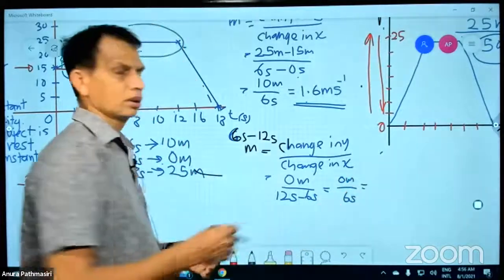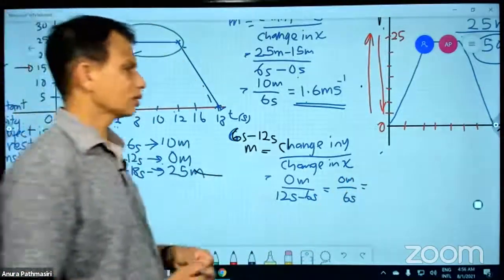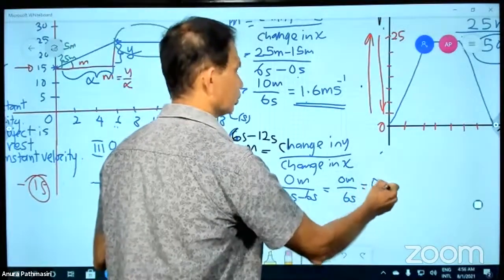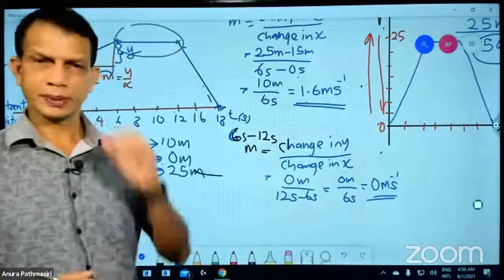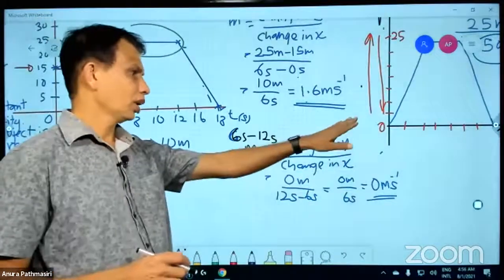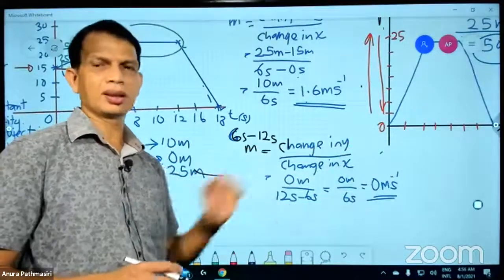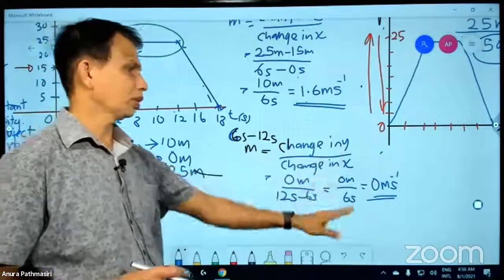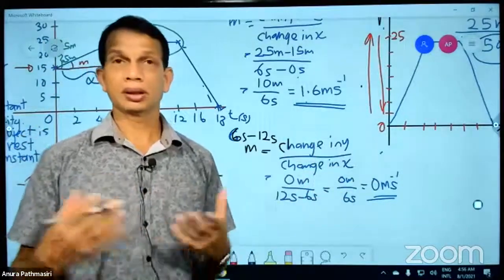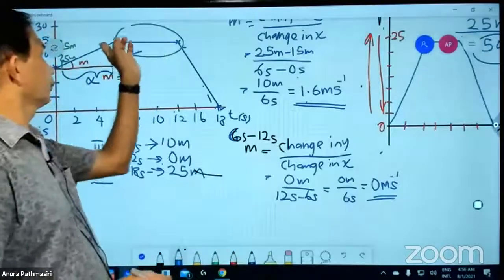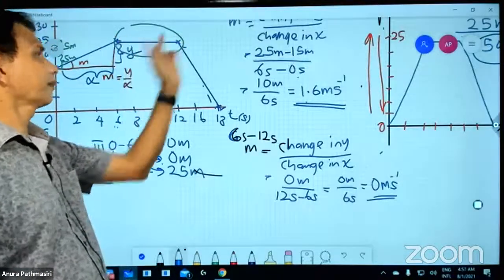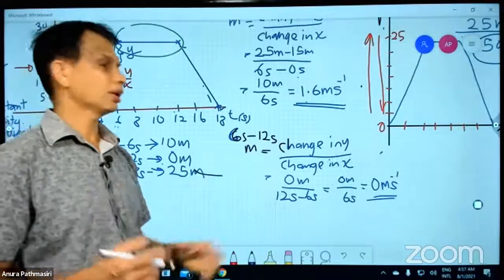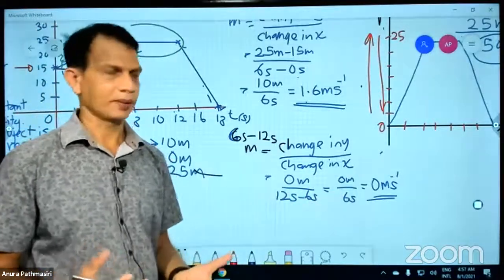The answer is 0 meters per second. You don't want to find the answer in this way, but I just explain the magnitude of the motion when the displacement time graph takes the shape of this way. So it is 0 meters per second, the answer.